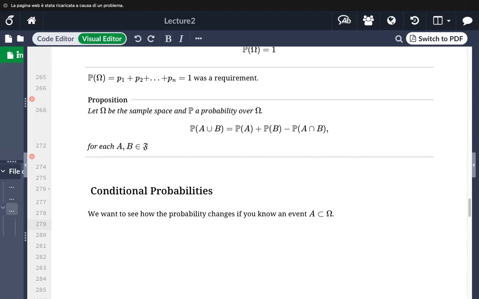If you observe A, it is really easy to guess what will be the new probability. So we observe A, or we know A, and we want to define a new probability.